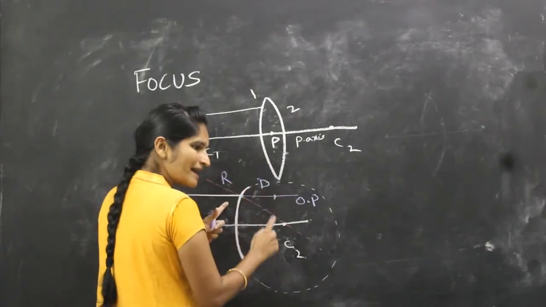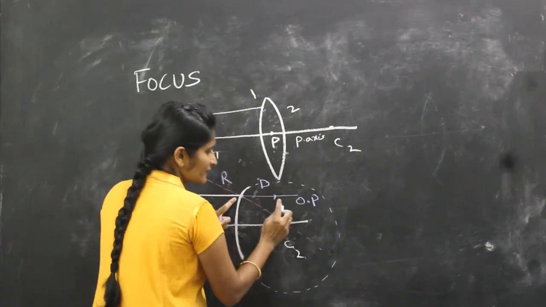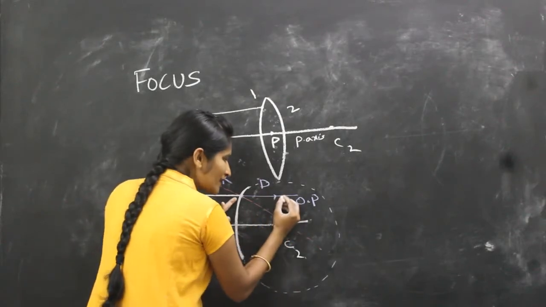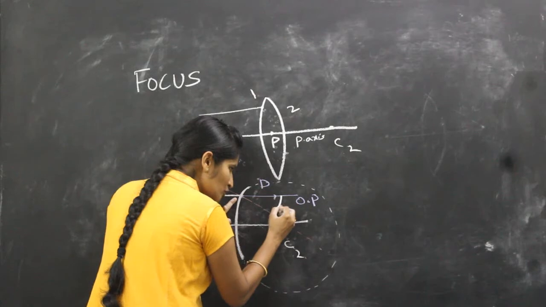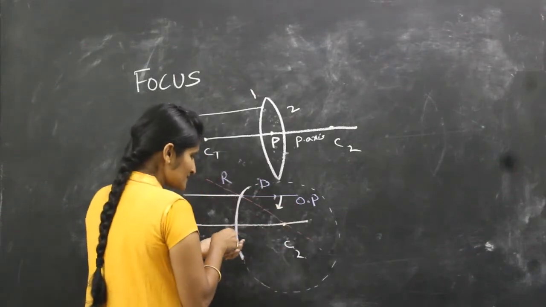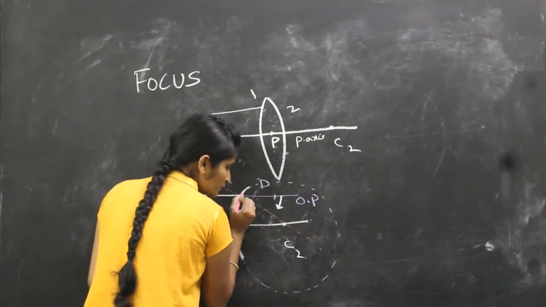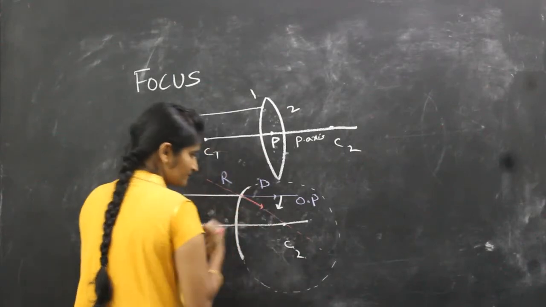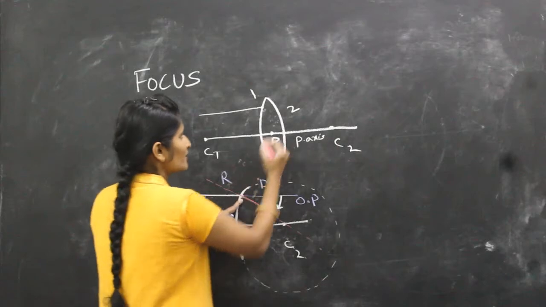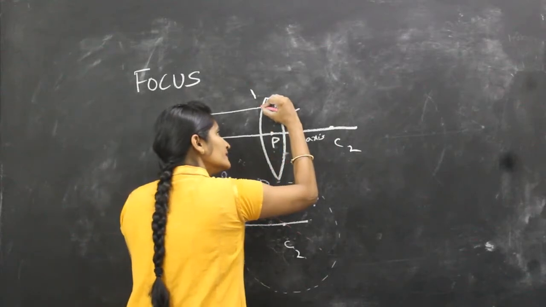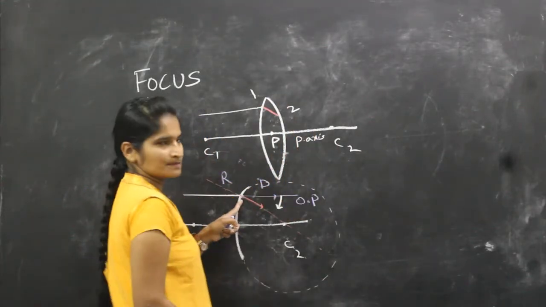The ray has to bend towards the normal. That means this is the original path. So this ray will bend towards the normal. Clear everyone? So now here this ray will bend towards the normal.